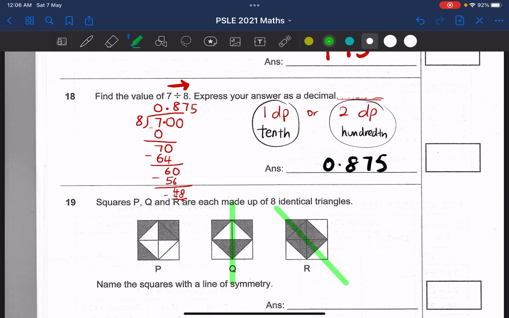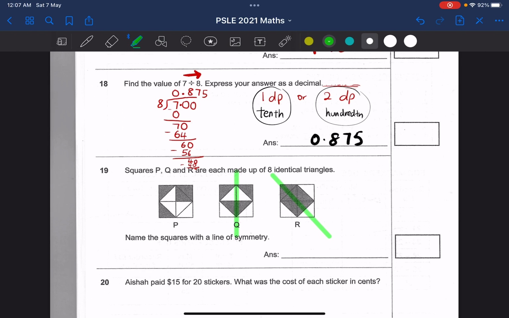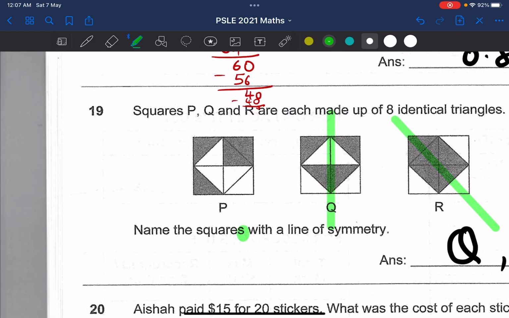The R one actually is, yes, it's diagonal. I can't find a line of symmetry for P. So the 2 squares will be Q and R. Alright, they have been very kind also to tell you your answer must be more than 1 because plural squares here. Alright, they are very careful with the language grammar as well.